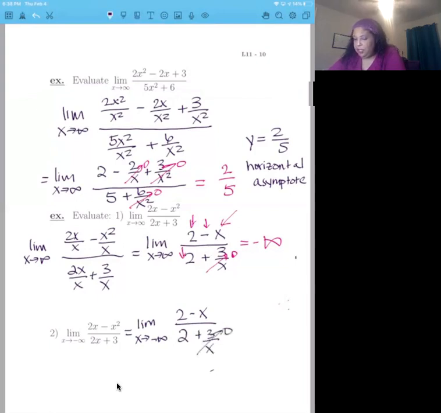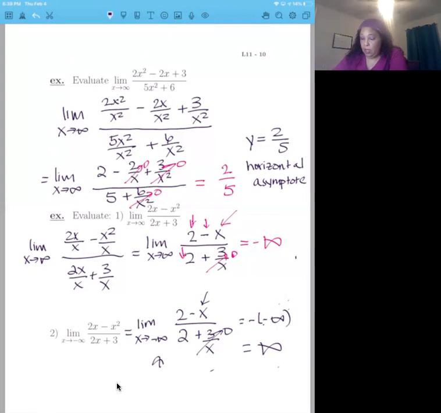Again, this one goes to 0, but now if I plug in negative infinity, I'm going to get a negative infinity, right? So I'm going to end up with a positive infinity. The first one was negative infinity because there was a negative sign in front of the variable and we plugged in infinity, so it went to negative infinity. But now we're plugging in negative infinity and there's a negative sign in front. So we have a negative infinity, which gives us positive infinity.